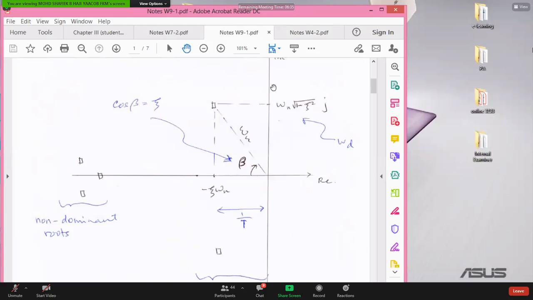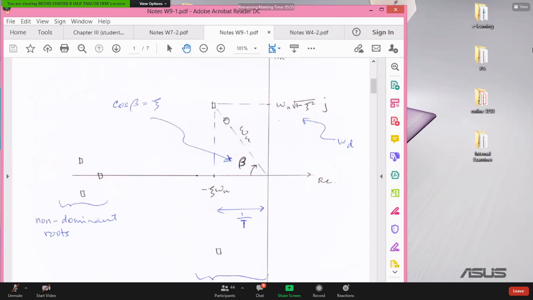When you move closer to the imaginary axis, you're going to have a significant value of the time constant. And the imaginary part of your roots is known as omega d, the damped natural frequency, which is omega n times the square root of 1 minus zeta squared. And the distance from the origin to our roots, you can conveniently compute using the Pythagoras theorem.